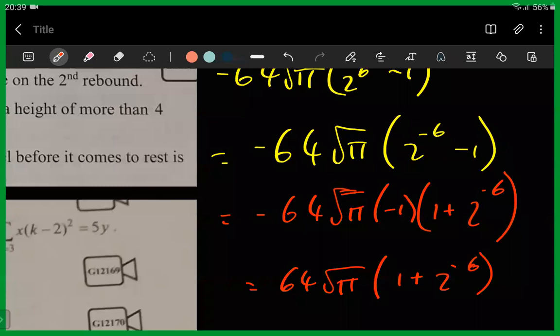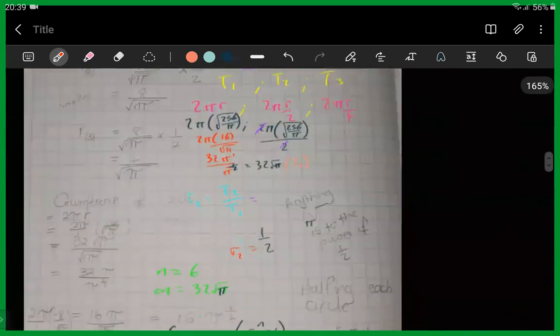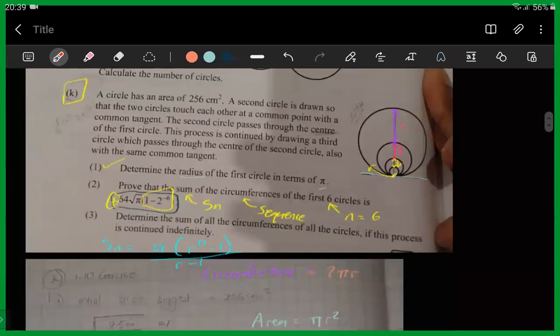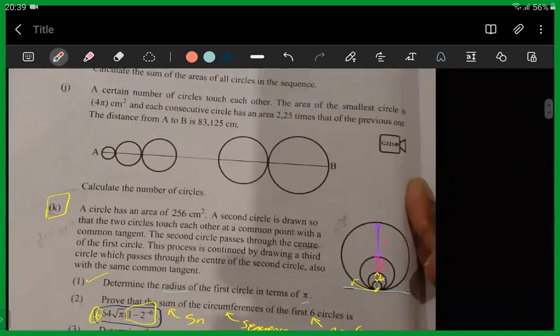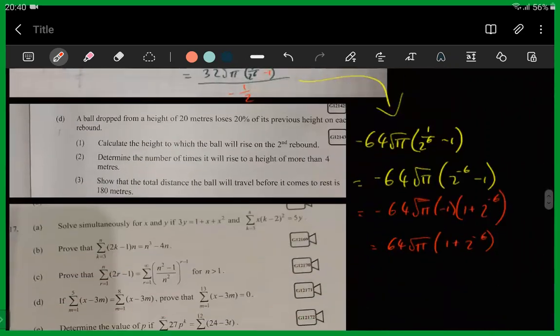I have a question. I see why you did that, but it still is not matching the question though. It says 1 minus 2 to the power of negative 2 for the final answer for that bracket part. So it's 64, square root pi, open bracket 1 minus 2 to the power of negative 2, close bracket.